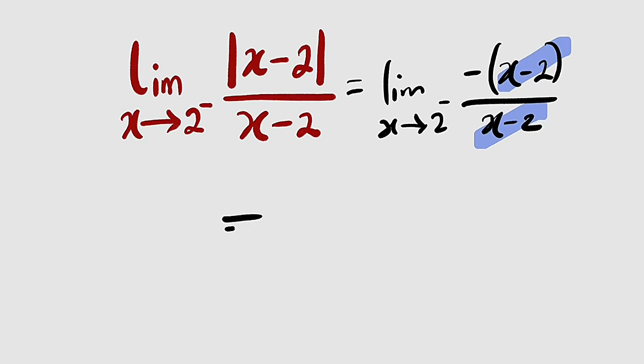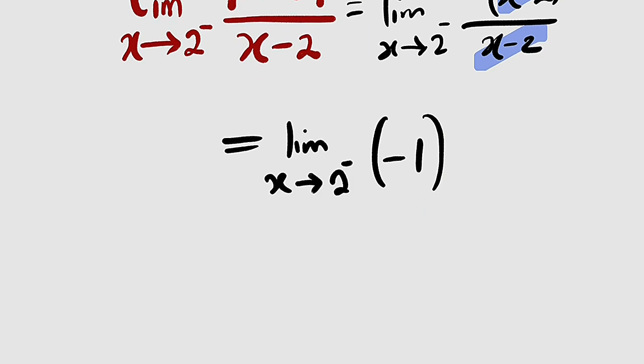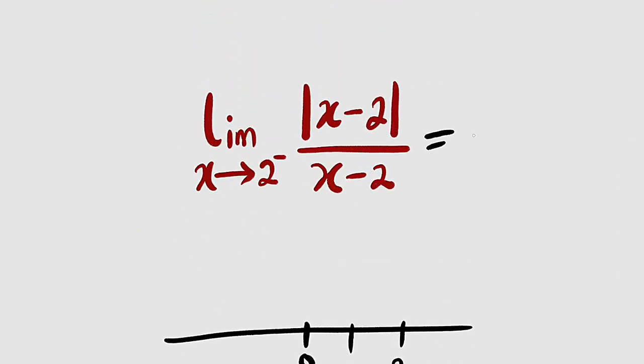So this is equal to the limit as x approaches 2 from the left hand side of only negative 1. And remember that the limit of a constant is equal to the constant, therefore this is equal to negative 1. And hence we say that this limit will approach negative 1 directly.